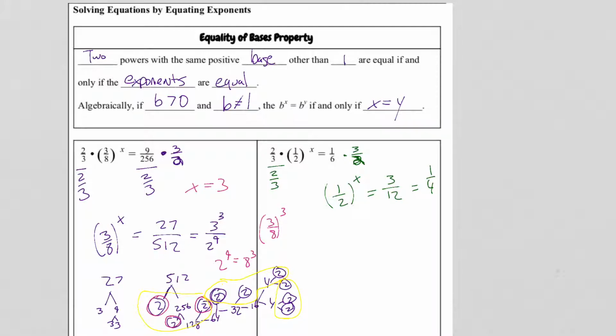And 1 over 4 is really the same as 1/2 squared. So that makes x equal to 2. Let's see if we can do another example or two, and then we'll keep working on the homework for this section.